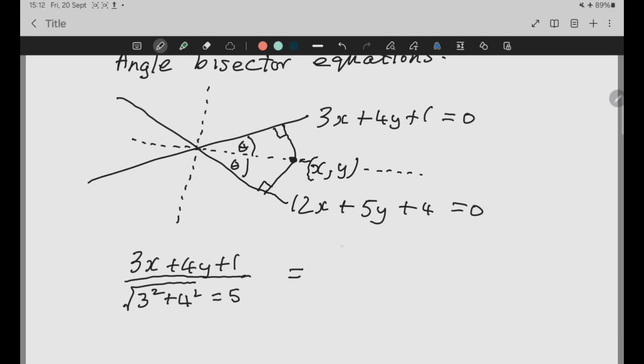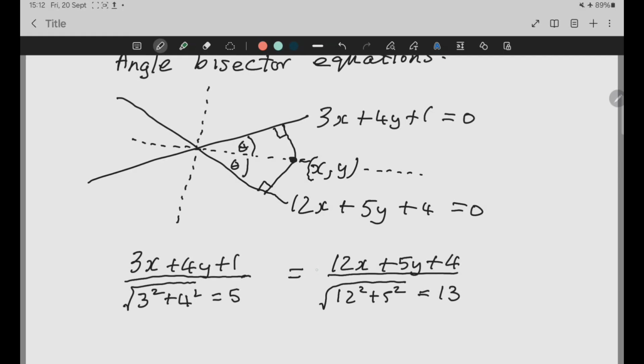And that, using the same rule, will be 12x plus 5y plus 4 over the square root of 5 squared plus 12 squared. That's 12 squared plus 5 squared, square rooted, which I think you should be able to see comes to 13 exactly.